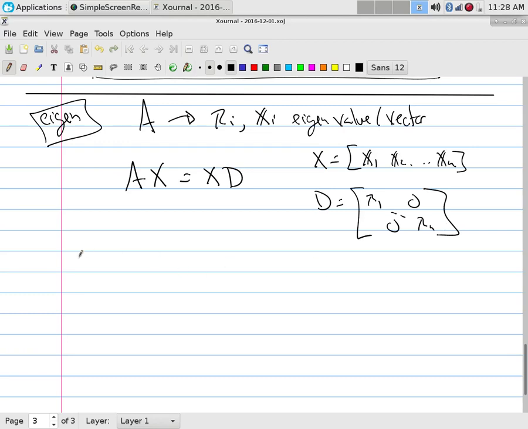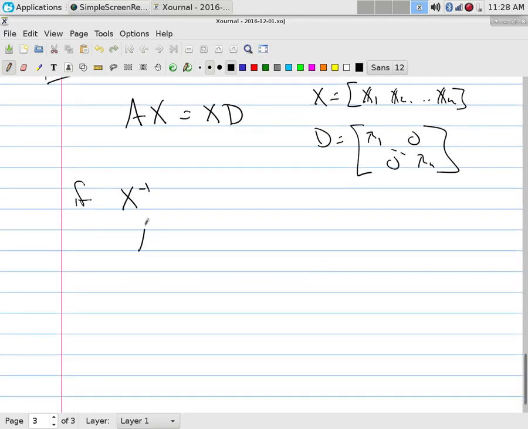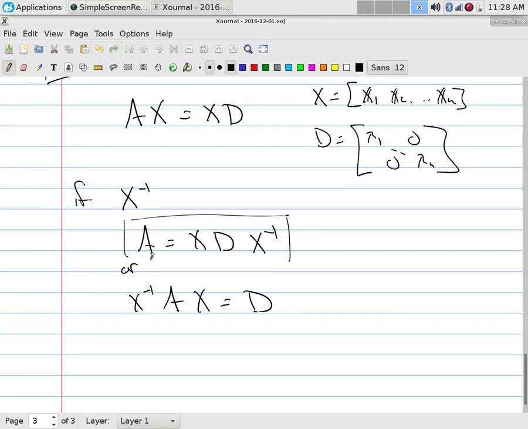But on the other hand, if the inverse exists, we could take two variants of this. We could say A is equal to X D X inverse, or if we wanted to, we could say that X inverse A X is equal to D. The first one is called a factorization.